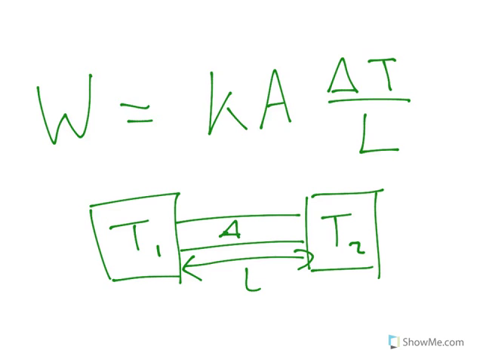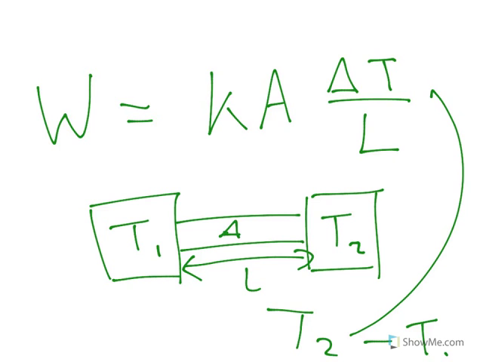A is the cross-sectional area of what is connecting the two objects. This delta T here is the difference in temperatures, so T2 minus T1, and L is the length of the object connecting them. So let's analyse this equation and use some common sense.